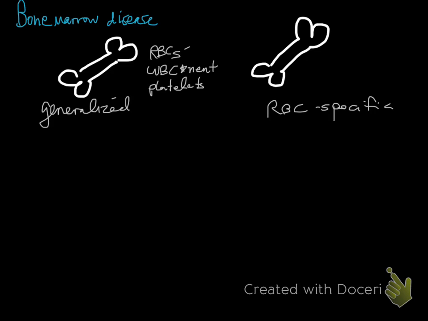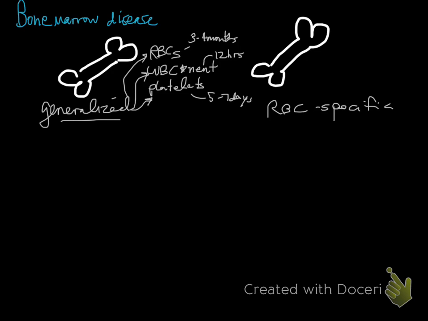Red cells last a long time, remember 3 to 4 months. Neutrophils specifically last around 12 hours in the blood, and platelets last around 5 to 7 days. So you can imagine that if there's generalized bone marrow disease, it's going to impact neutrophils first, then platelets, and last it'll affect red blood cells in terms of decreases in production.